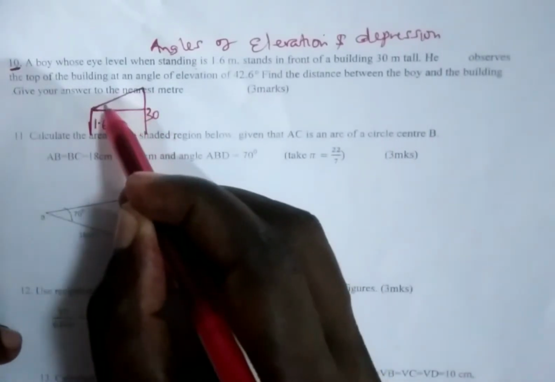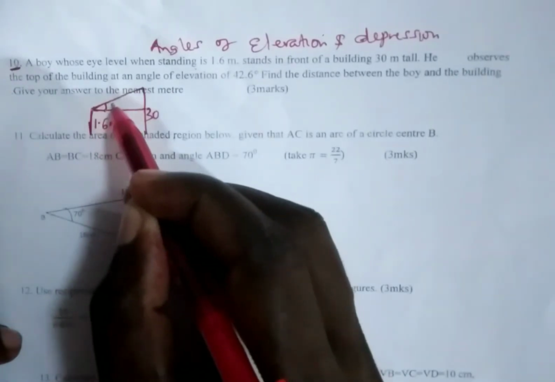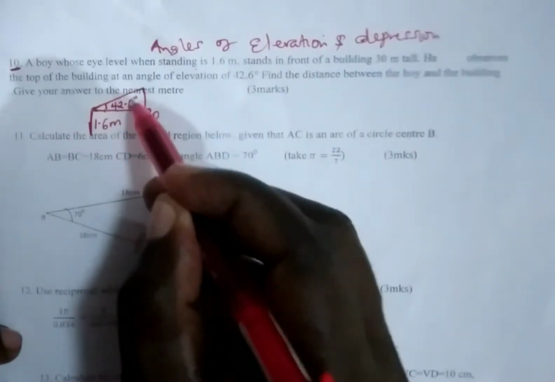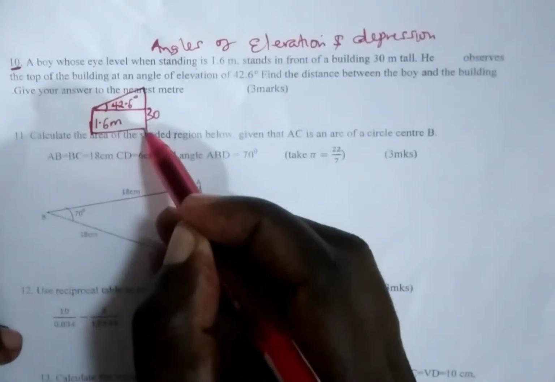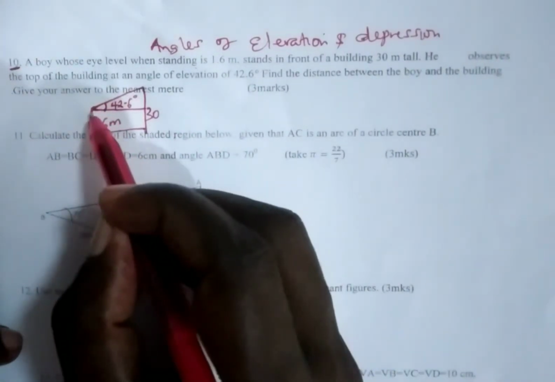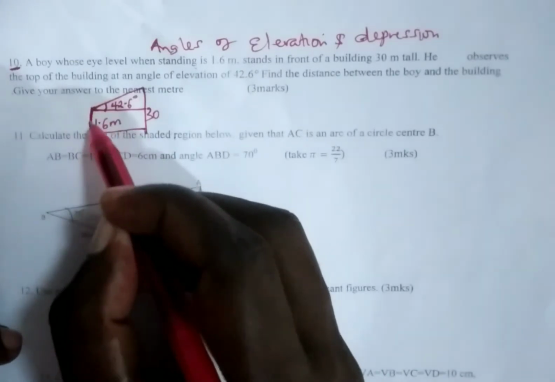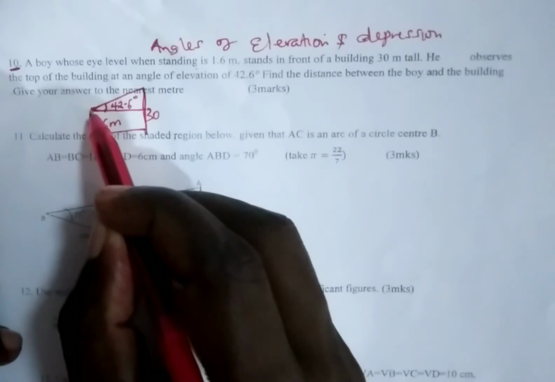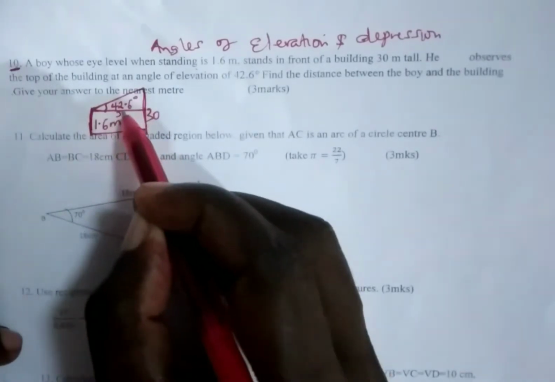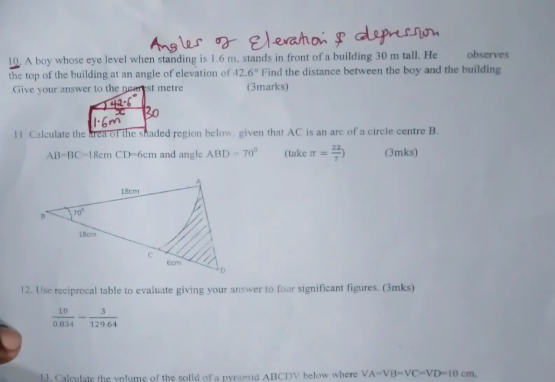So we are going to have the angle of elevation as 42.6 degrees. That means we are supposed to calculate, assuming this is the boy here and this is the building, the distance between the boy and the building, which is going to be denoted by x.